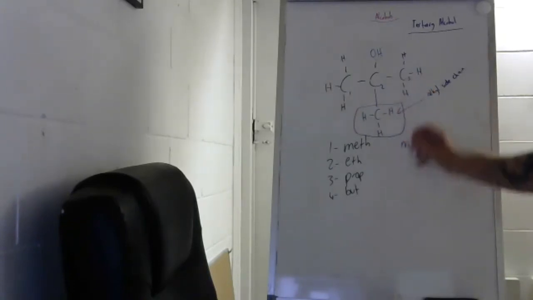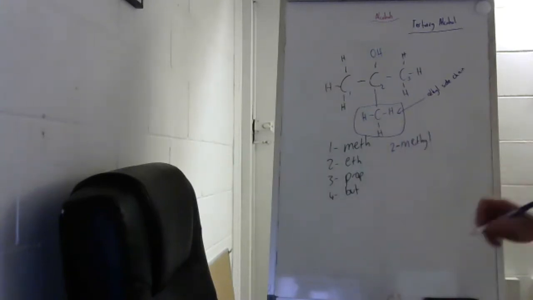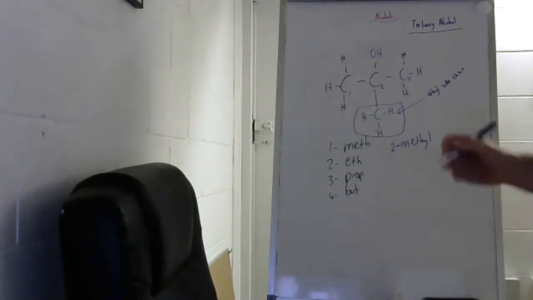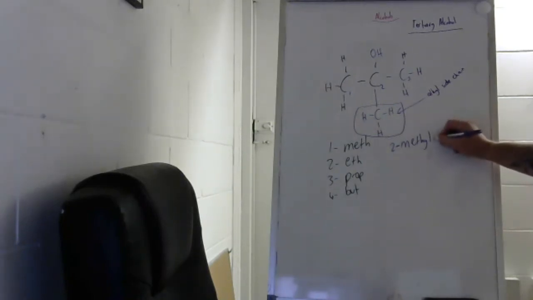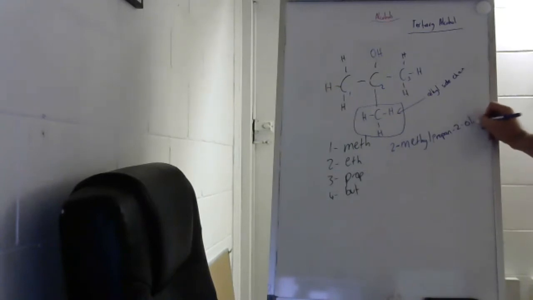So the methyl group is coming off the second carbon. The alcohol group is also coming off the second carbon. So we have 2-methyl, which is this side chain here.